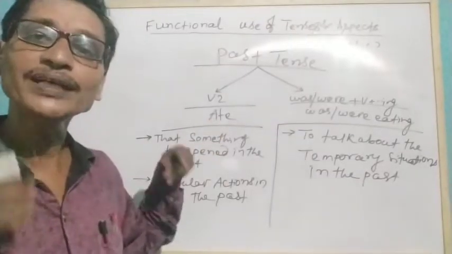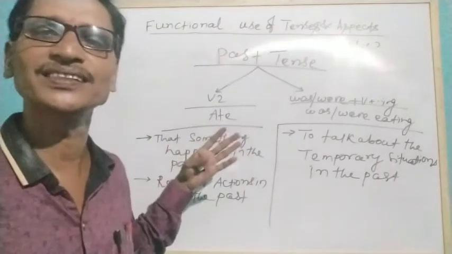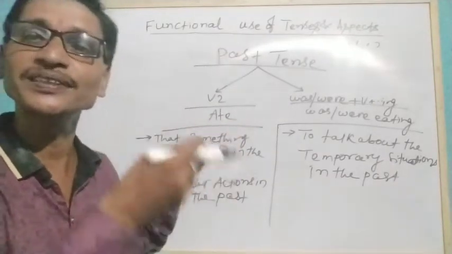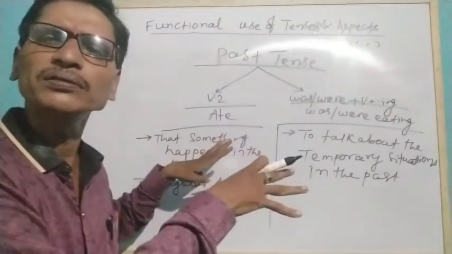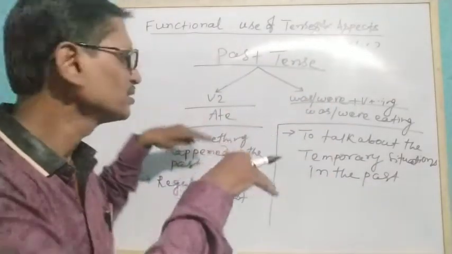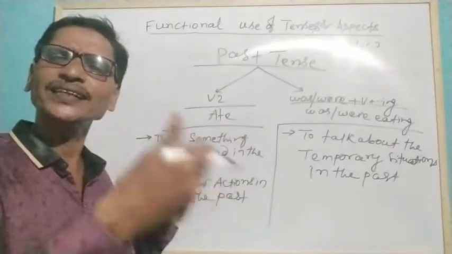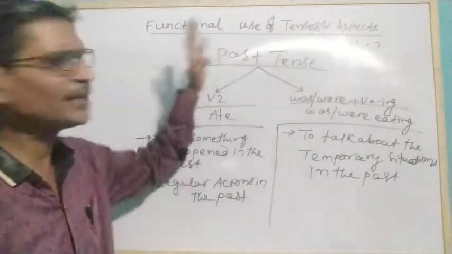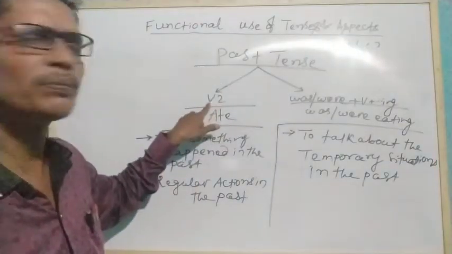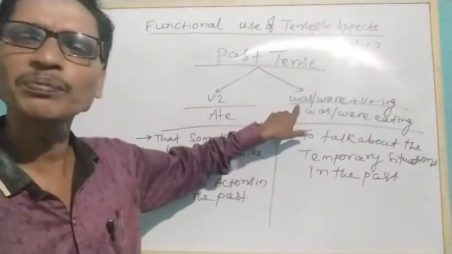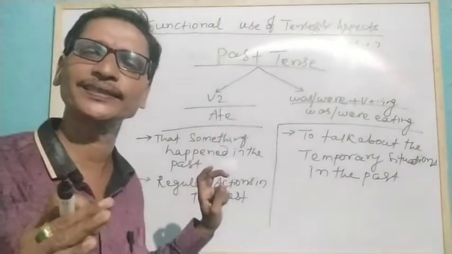See, after we understood the present tense and its uses with the simplest functional rules, now let's understand about the past tense. As we discussed in the present, the same thing is again for past tense. We also use verb second form and was/were verb plus ing for past tense.